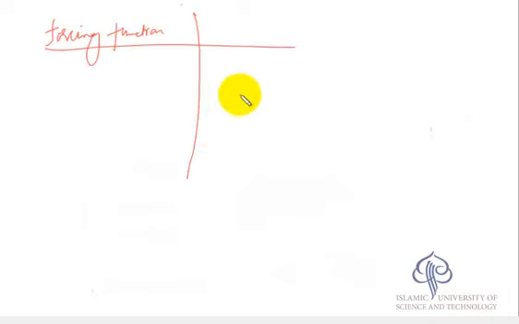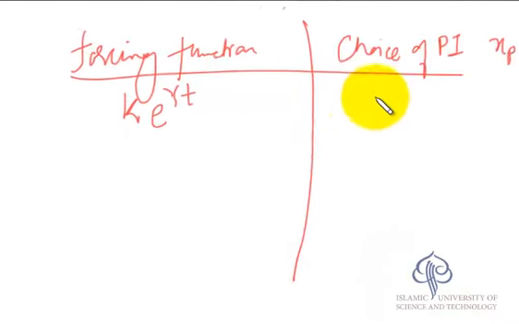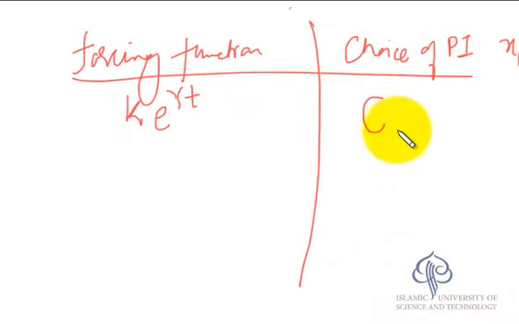What is your forcing function, and what is the choice of your particular integral, which is xp(t)? If your forcing function is, for example, some k e to the power gamma t, your particular integral is going to be some other constant c or d or whatever you like, e to the power gamma t. This is the undetermined coefficient.